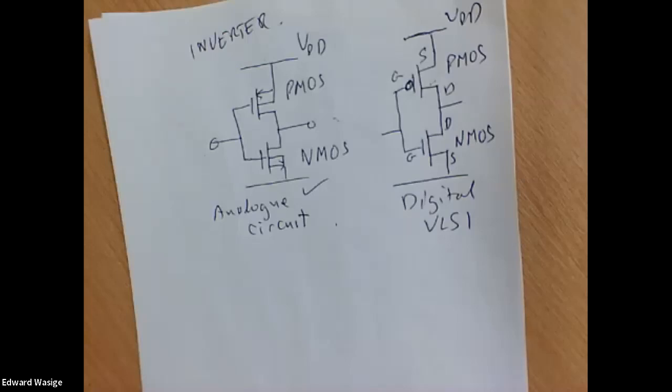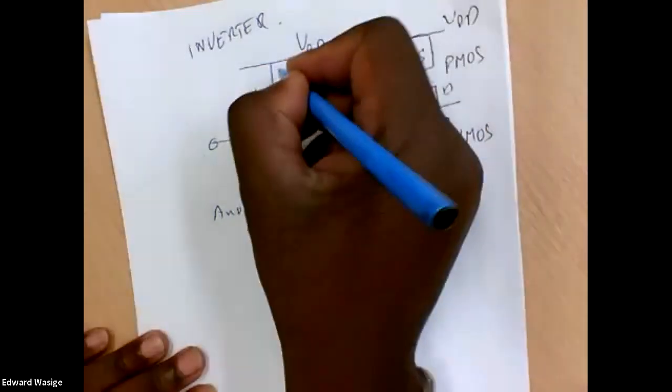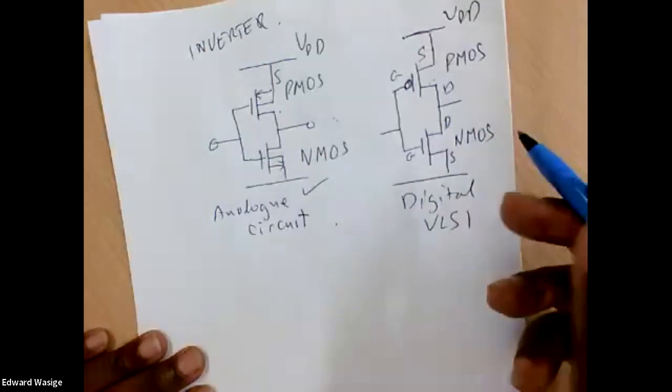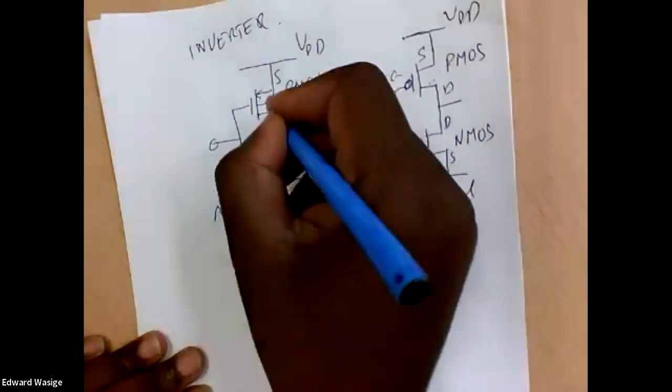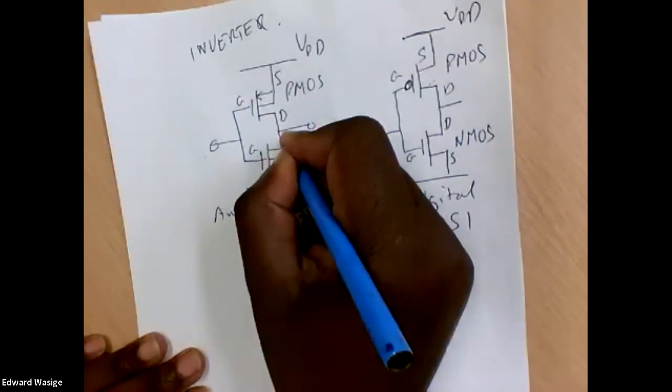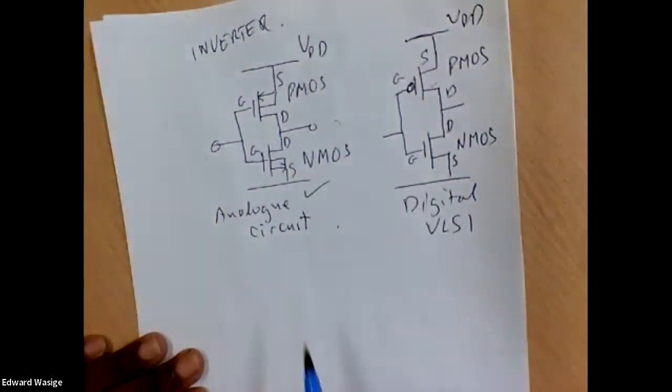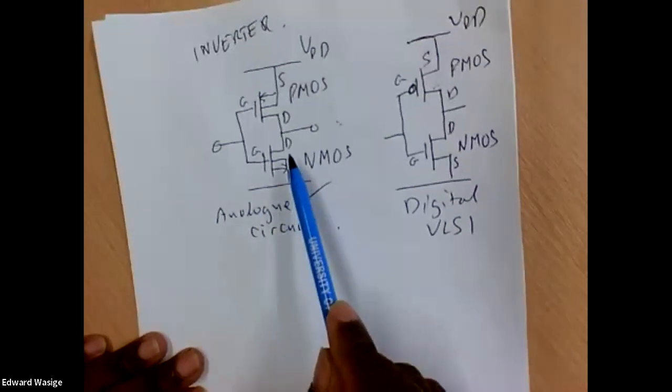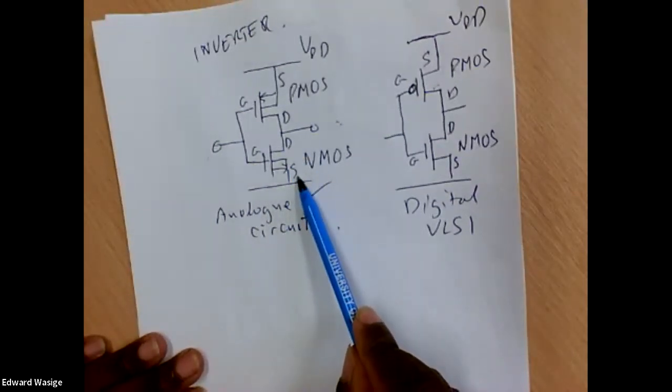Oh, okay. So on the analog side, you don't actually flip the device, you keep it the same orientation. No, on the analog side, in both technologies, we flip the device. If you look at drain and source, drain will always be up and source down for the NMOS device.